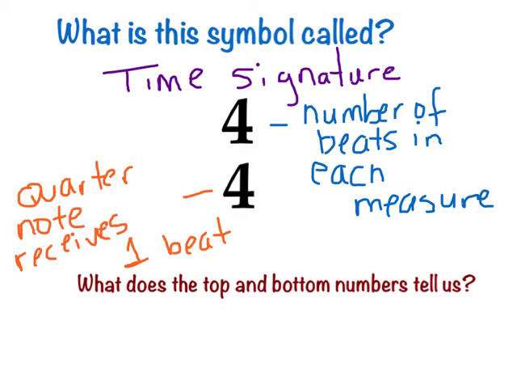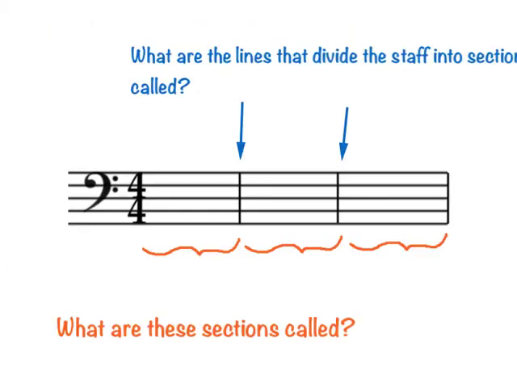Ready for the next one? What are the lines that divide the staff into sections called? What are these sections called? These are called bar lines. And these sections are called measures.